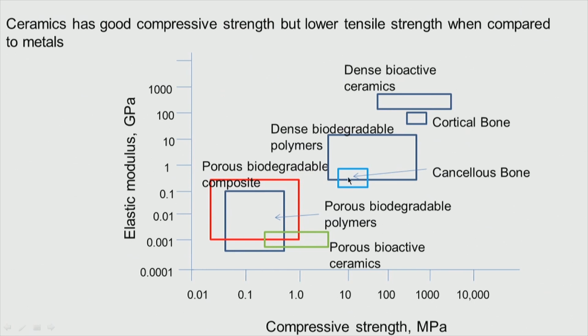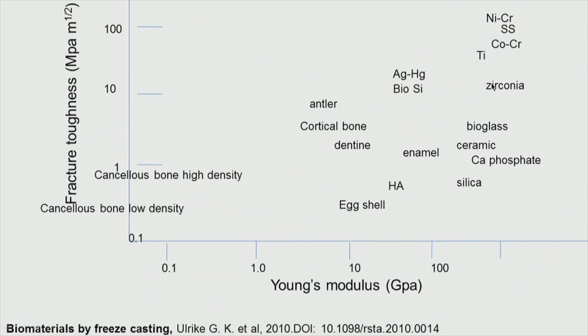Cancellous bones have much lower. Polymers are able to achieve some of these, some dense polymers, biodegradable polymers, and some of the bioactive ceramics. We will look at this diagram much later once more. Again, this is also a very interesting picture. This was taken from this particular reference called Biomaterials by Freeze casting.